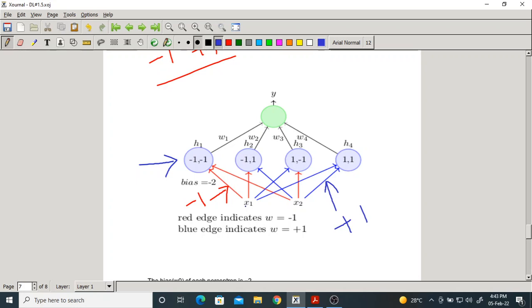If it is connected with the red line, the weight is -1. If it is connected with the blue line, the weight is +1. Is it clear? So 2 inputs are connected to all 4 perceptrons with edges with a particular weight, that is +1 or -1. Red line means -1, blue line means +1.